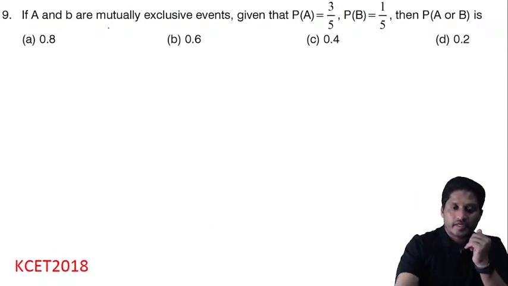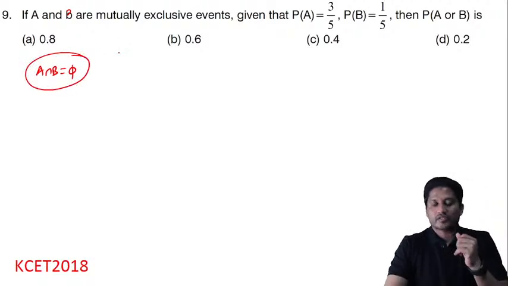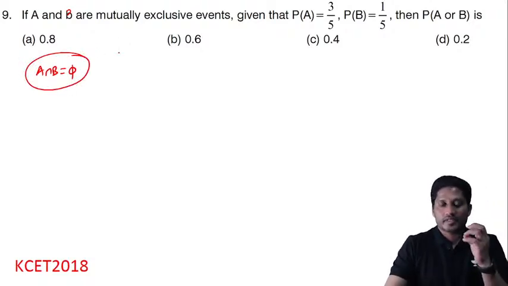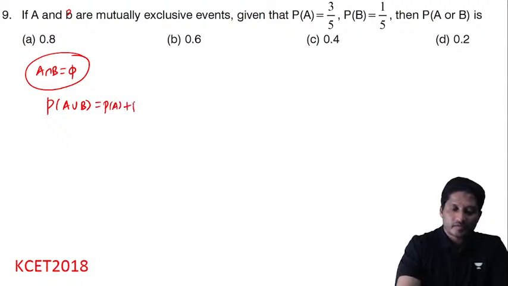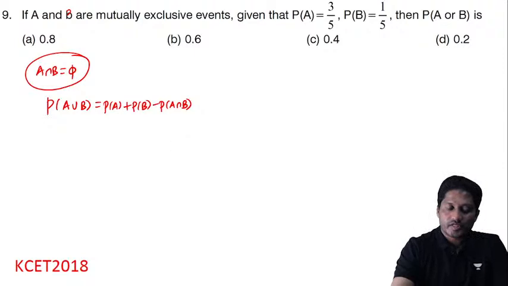A and B are mutually exclusive, which means that A intersection B is a null set. P of A and P of B are given. I am supposed to find P of A or B. A or B means A union B. P of A union B is P of A plus P of B minus P of A intersection B. Mutually exclusive gives a null set.